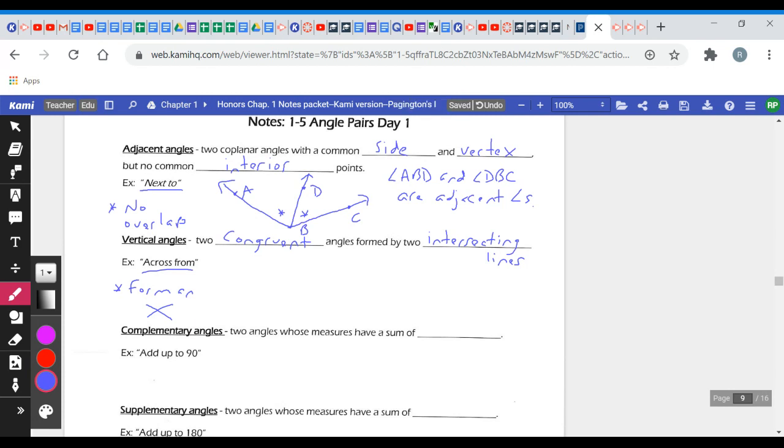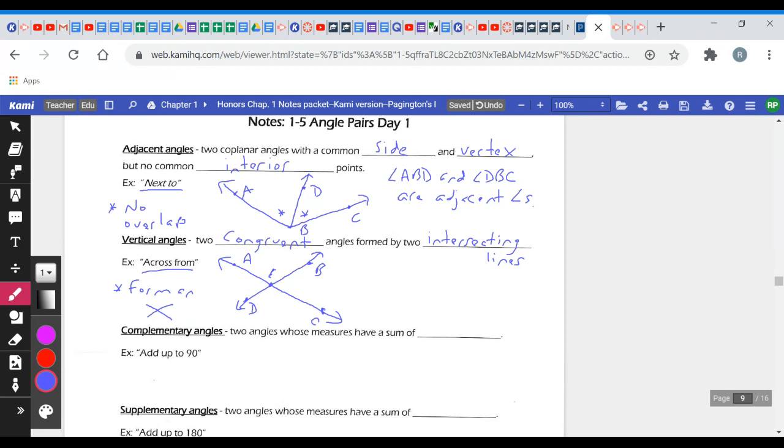All right, so if I draw an X, which is basically just two lines intersecting each other, and I label these lines with points, I've got A, I've got E, I'm going to put C over here and D over here. So I could name two different pairs of vertical angles from this picture.